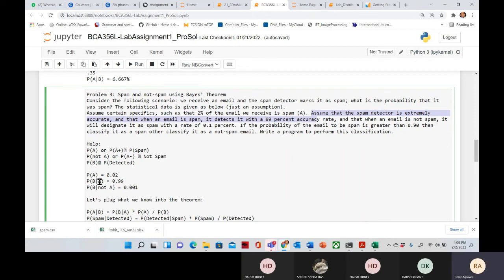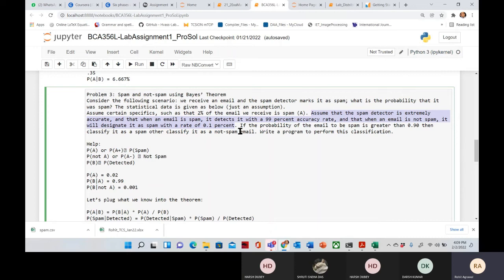So P of B given A is 0.99. And when an email is not spam, it is P of B given not A, or you can say A plus or A minus, 0.001%. So this data is clear. This data is 0.99 and 0.001.